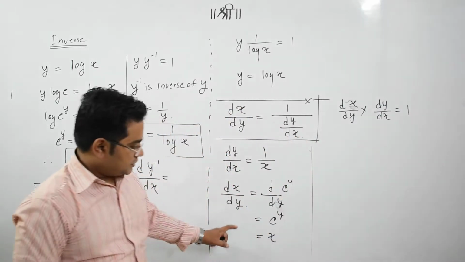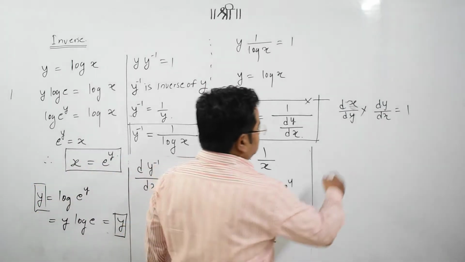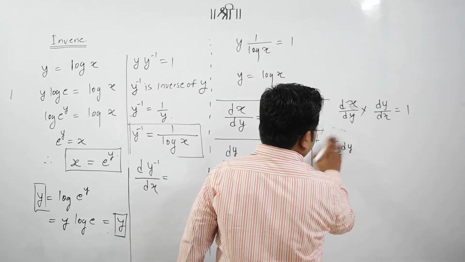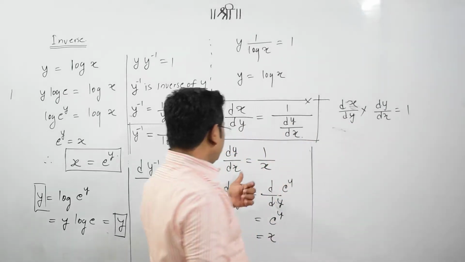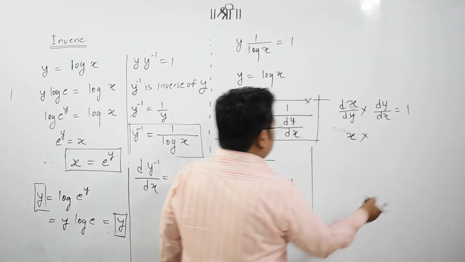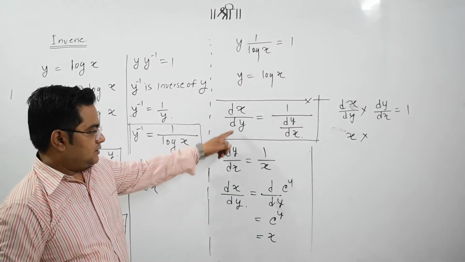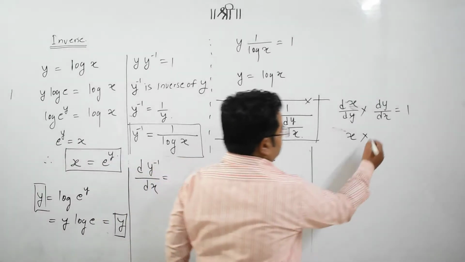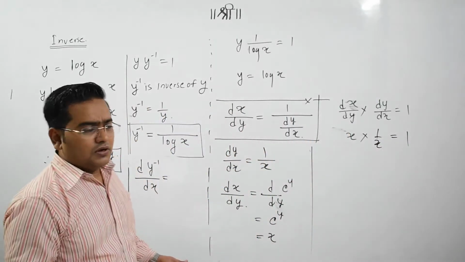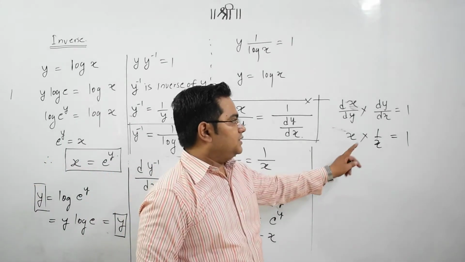And how is it possible? By doing this step. So substitute the values of dx upon dy. What is the value of dx upon dy? It is nothing but x, into the value of dy upon dx, which is 1 upon x, which is 1, true, and that's how we can prove this theorem.